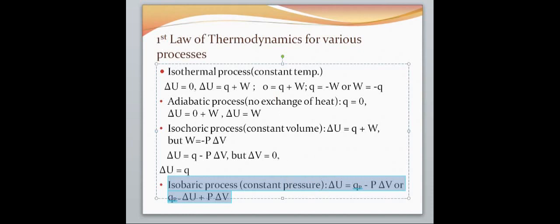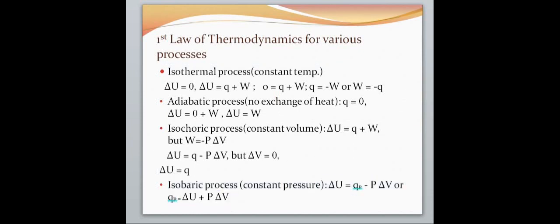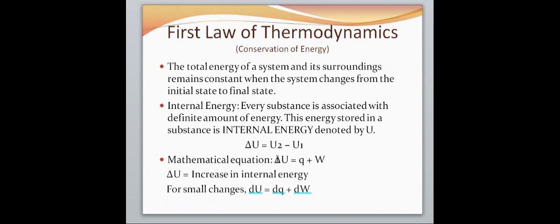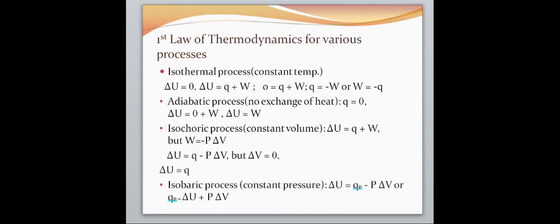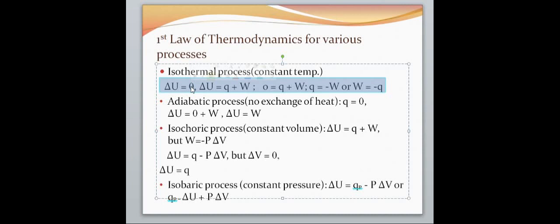When I look at this equation, I'm talking about delta U is equal to Q plus W. Depending on whichever process I am in, that equation will change. Suppose I say constant temperature, that is isothermal process, automatically delta U will be zero. If I keep the temperature constant, there would not be changes in temperature, so no change in energy.